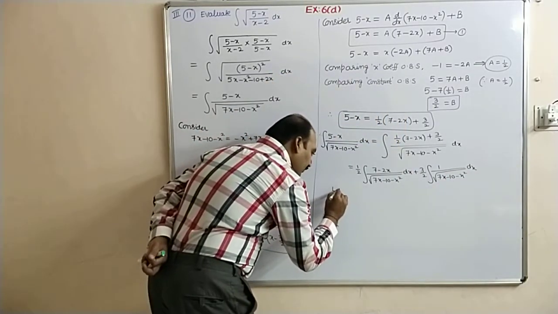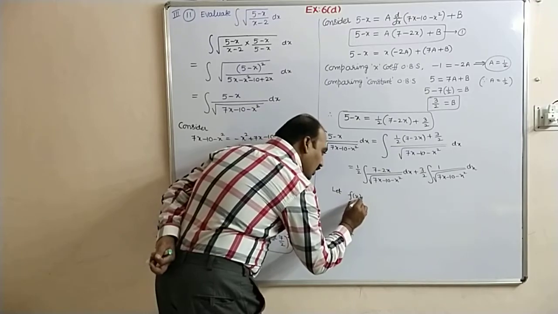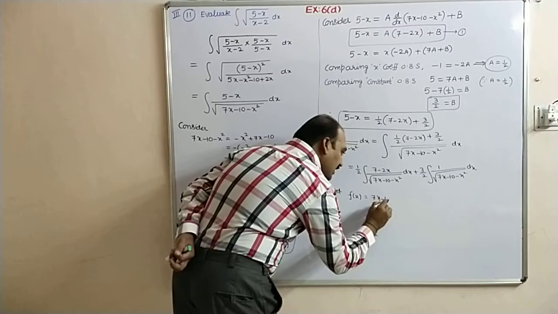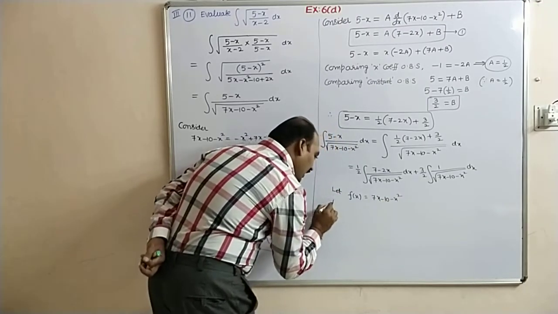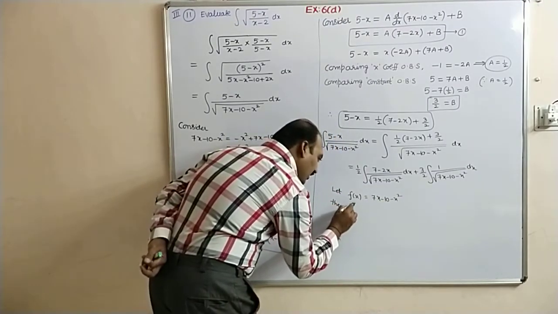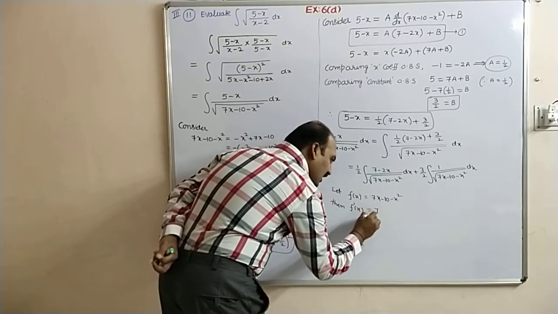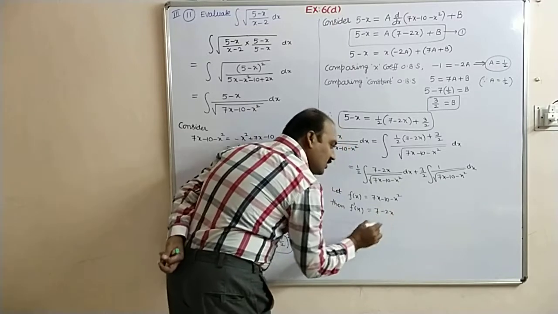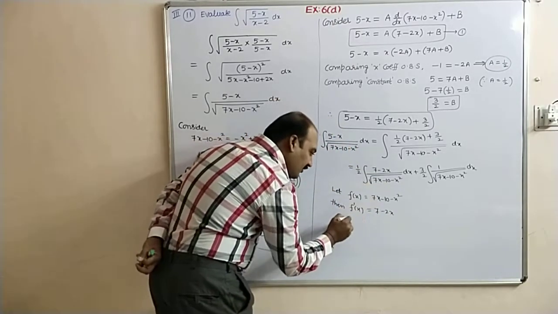Let here f of x be equal to 7x minus 10 minus x square, then f dash of x is the derivative of this function. 7x derivative is 7, minus 10 constant derivative 0, minus x square derivative is minus 2x. So this will become f dash of x by f of x only.